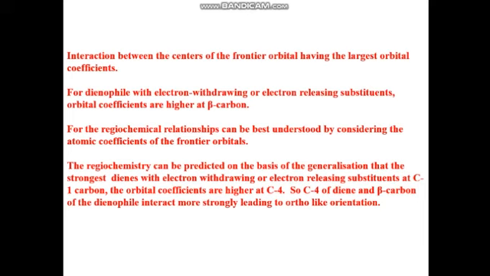The regiochemical relationships can be best understood by considering the atomic coefficients of the frontier orbitals. That is, the frontier orbital represents the highest orbital coefficients.